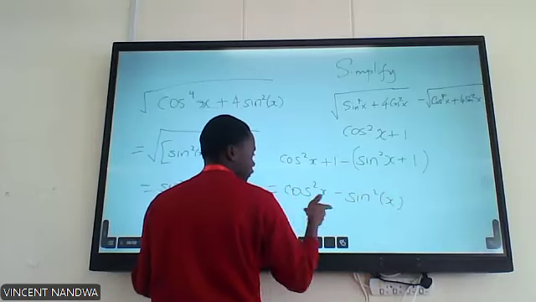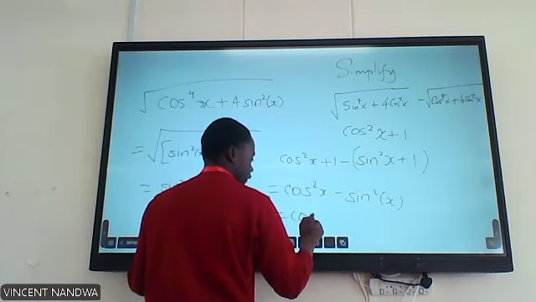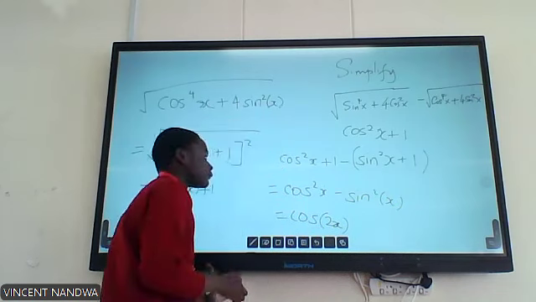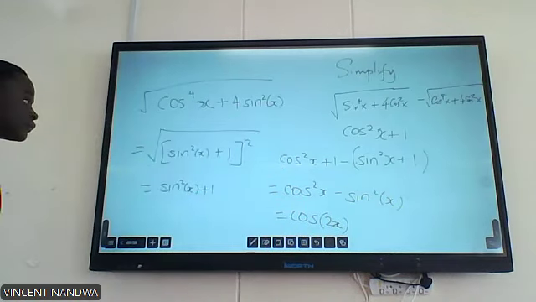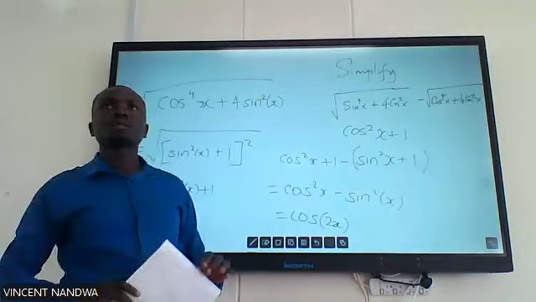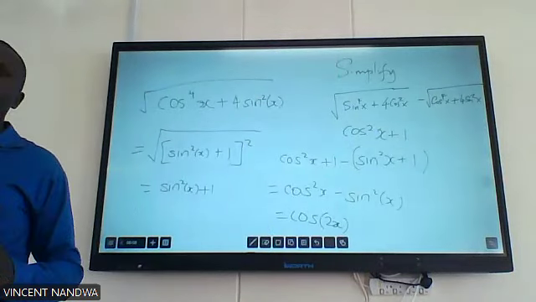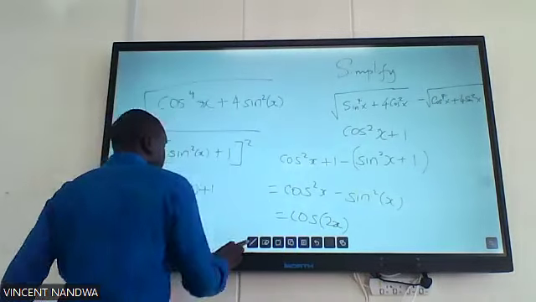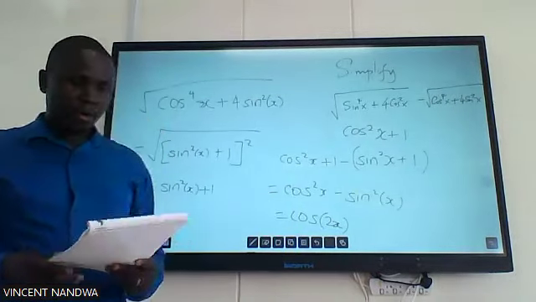So now this you can simplify to be cosine of 2x. So this is what it is, the final answer.